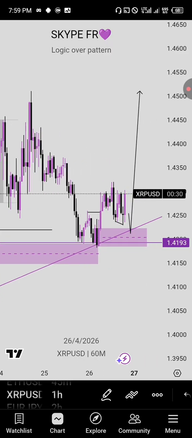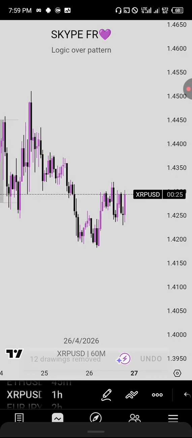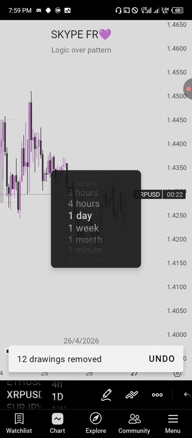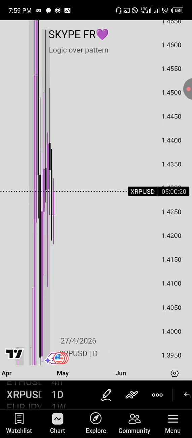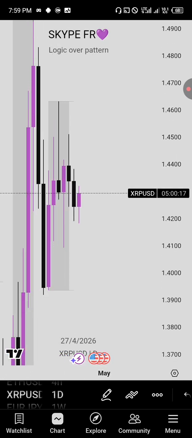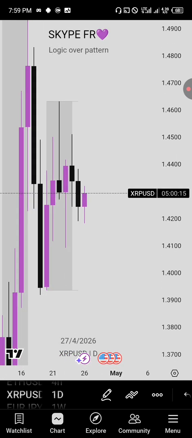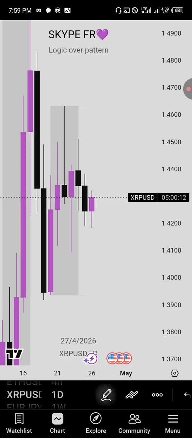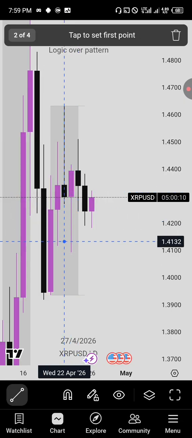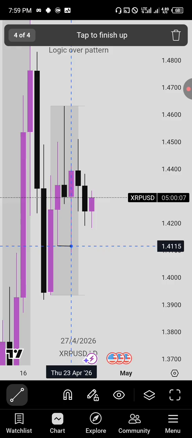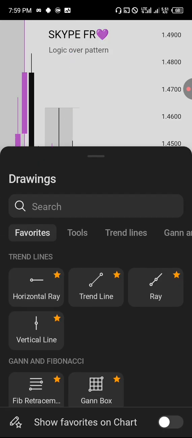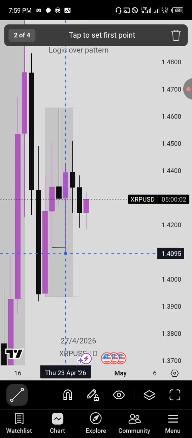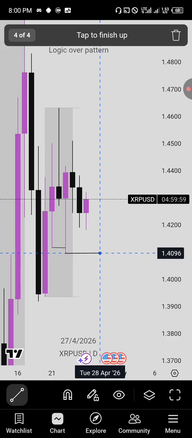Now this is a live market, okay? So I'm going to clear everything out first. Now on the daily time frame, here's what happened. Price took out this low, making this level a sort of protected level.